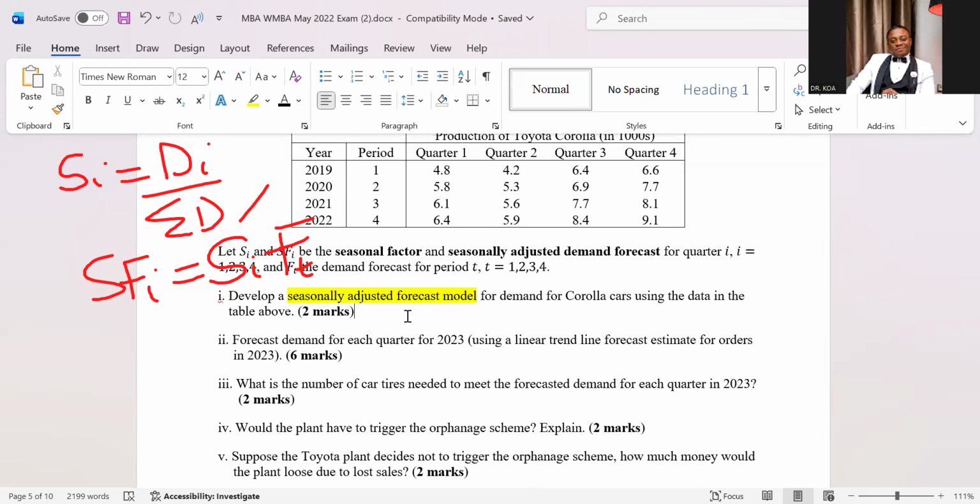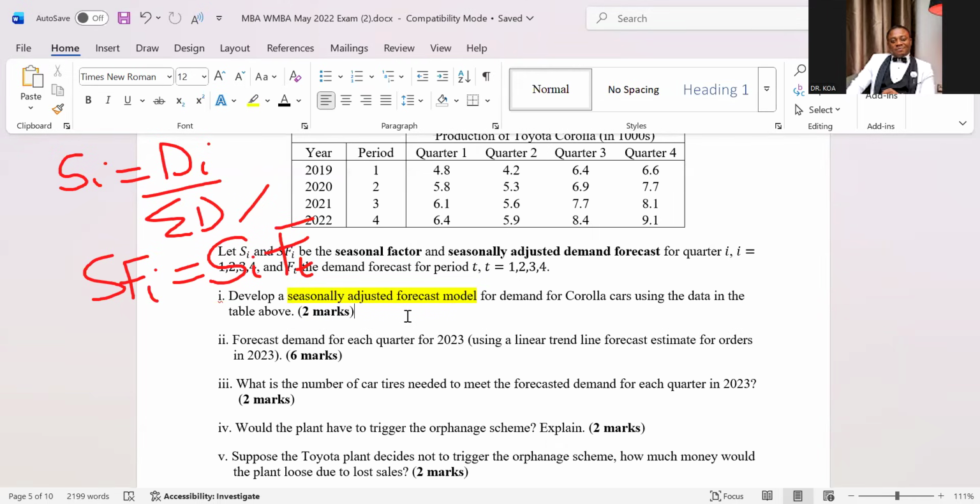And then the seasonally adjusted forecast itself. That one is once you know this year's total demand, you can now multiply this seasonal factor by the total demand, not the total demand currently, but the total demand that you're going to use for the forecast. But of course, you also use this year's demand to make next year's forecast.